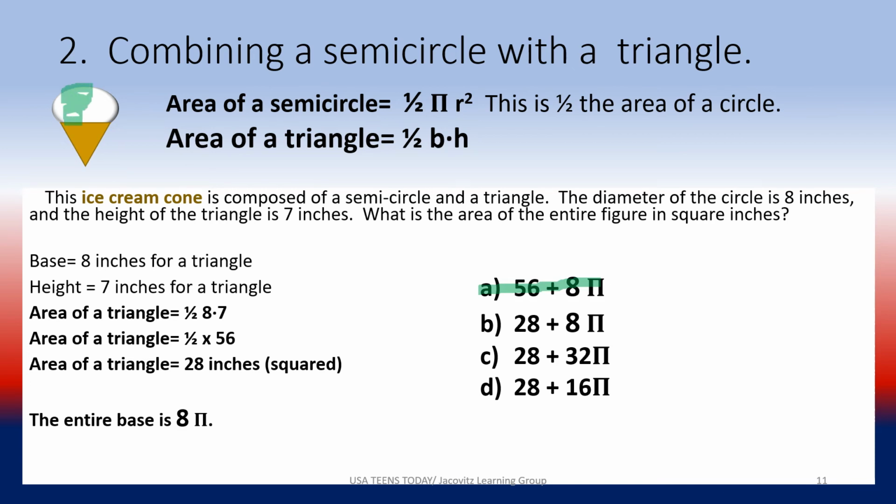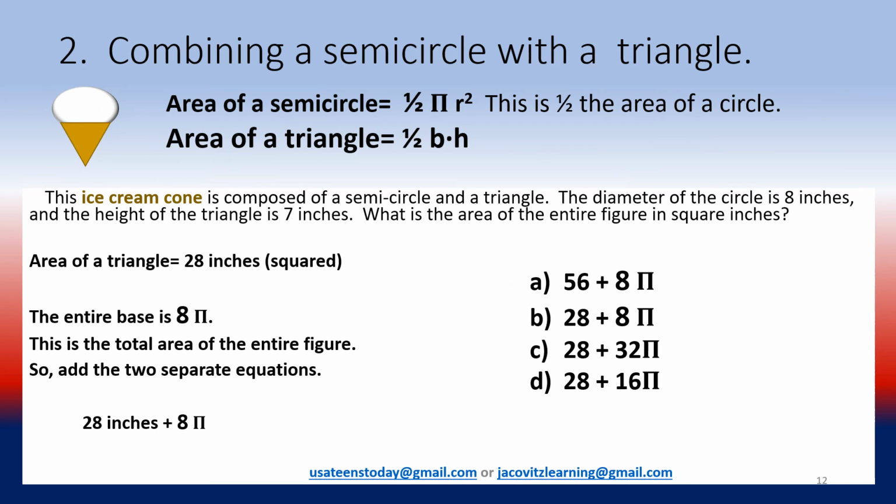That's 8, and it's 8 pi. Why am I not worried about the half right now? Because it's this whole base here, the circle. I don't want to just know the circle. I want to know the circle in relationship to the triangle.